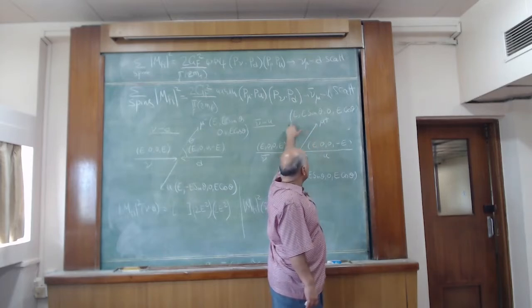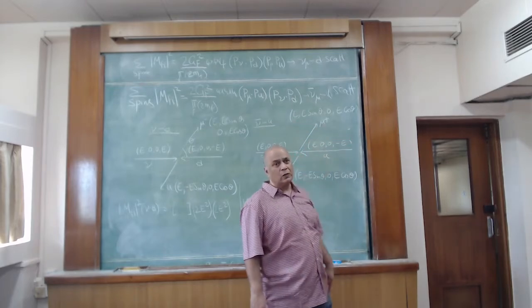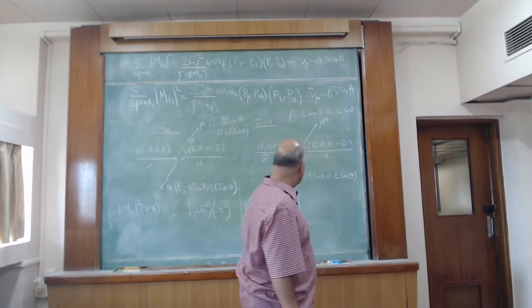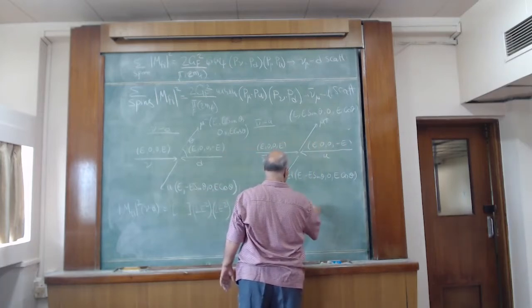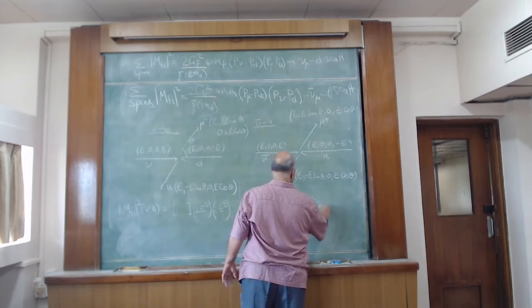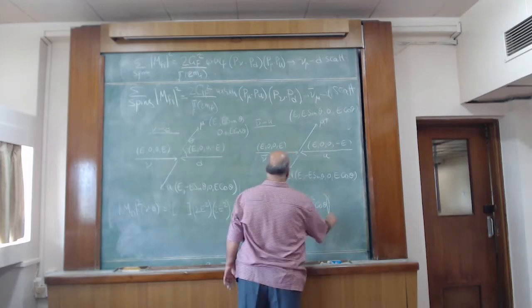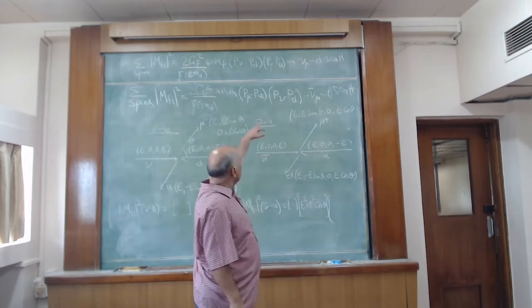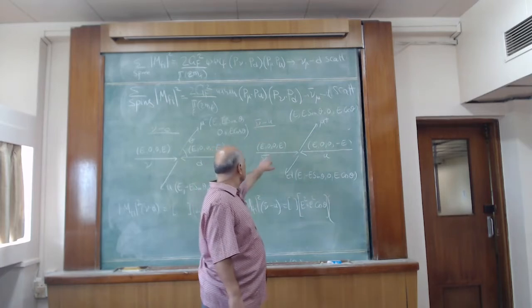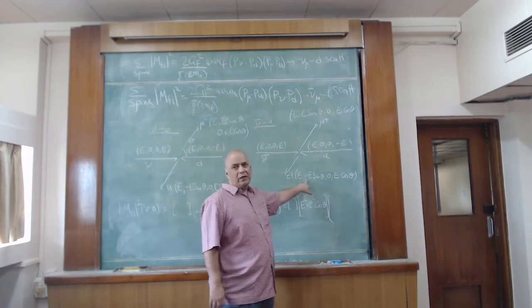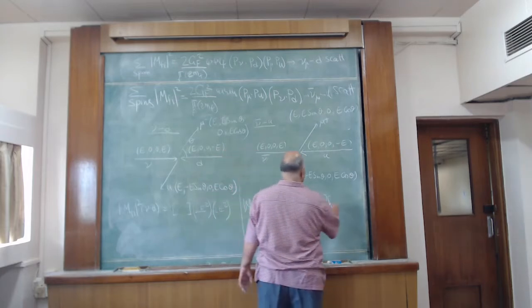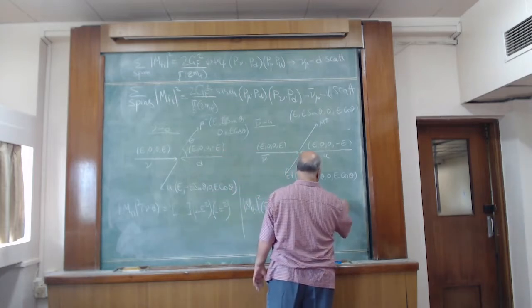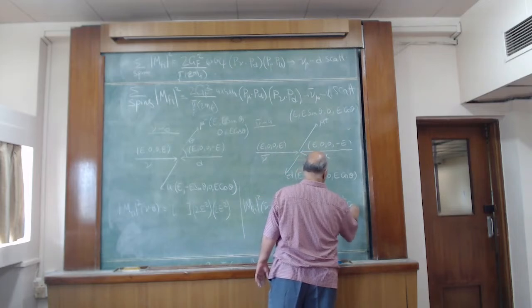So that is E square plus E square cos theta, times P nu dot Pd. This is P nu, this is Pd, which is also E square plus E square cos theta.